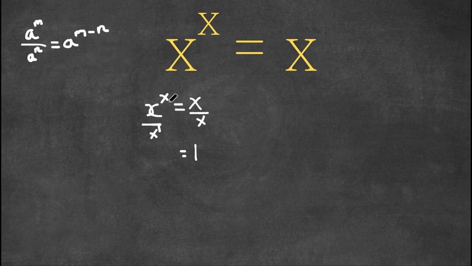Right here we have x to the power of x divided by x to the power of 1, and x in this case is a, x is m, and 1 is n. So if we put our variables into this form, we get x to the power of x minus 1.